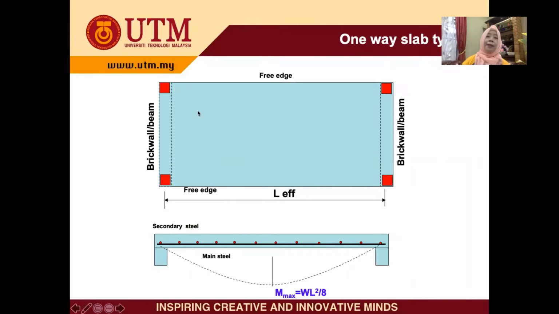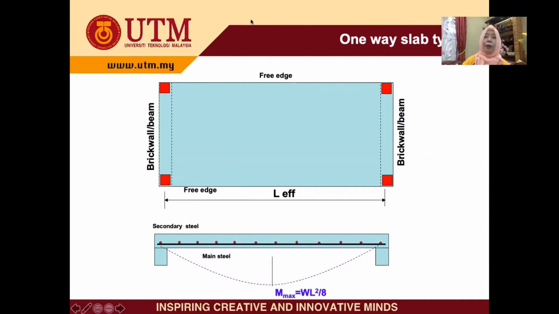But sometimes in construction, we will find a slab only supported by 2 brick walls or 2 beams. You can see here, this is the brick wall or beam. Here is the free edge, and this is also a free edge. Therefore, if the slab is like this, we don't need to calculate Lx and Ly.